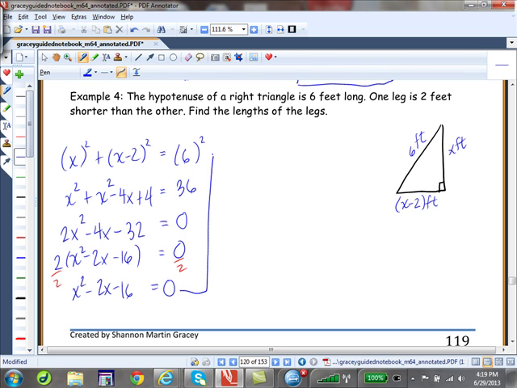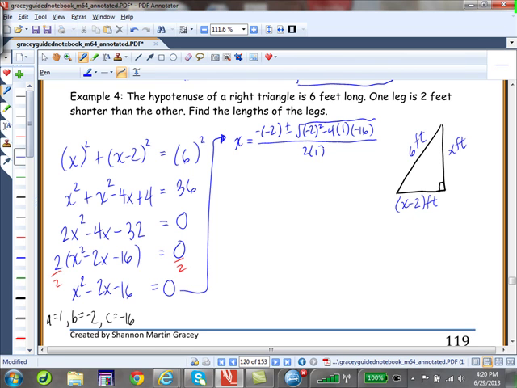So here we are. Do you see that my a is 1, b is negative 2, c is negative 16. So we're going to have x is equal to the opposite of negative 2 plus or minus the square root of negative 2 squared minus 4 times 1 times negative 16, all over 2 times 1.